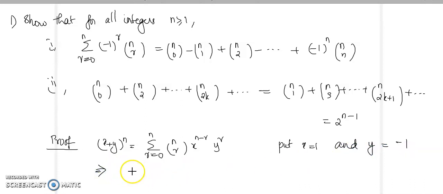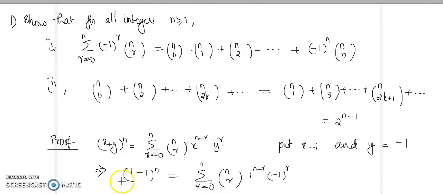So on the left side you will get (1 minus 1) whole raised to n, that will be equal to summation r equal to 0 to n nCr, 1 raised to n minus r, minus 1 raised to r. So the left side becomes 0.